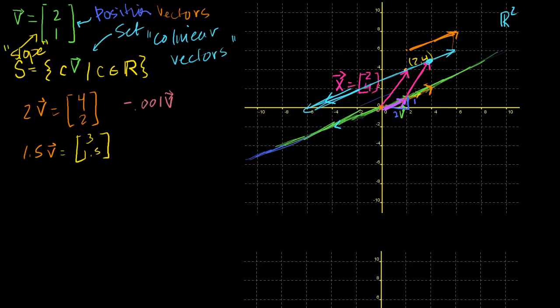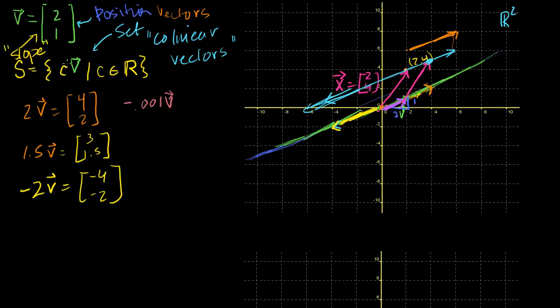Right? Let's say I do negative 2 times my original, so minus 2 times my vector v. That equaled minus 2, minus 4. So that's that vector there.